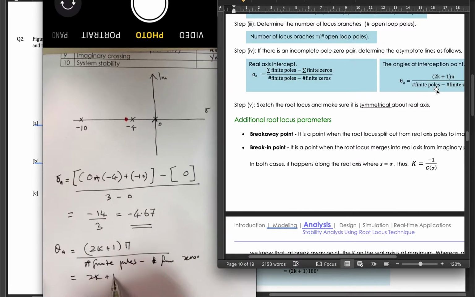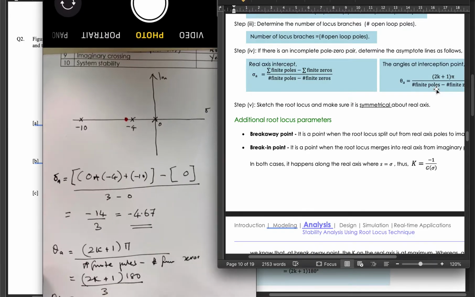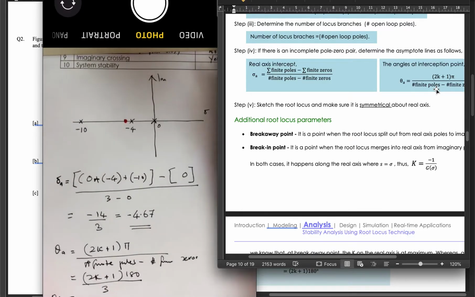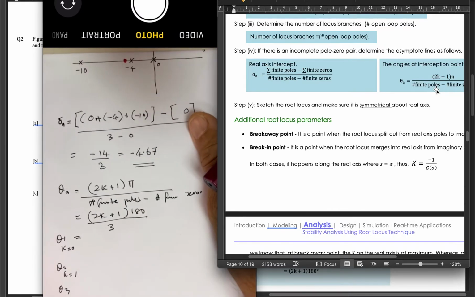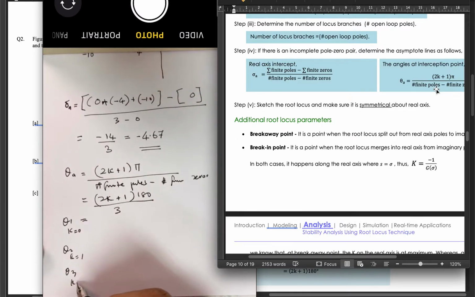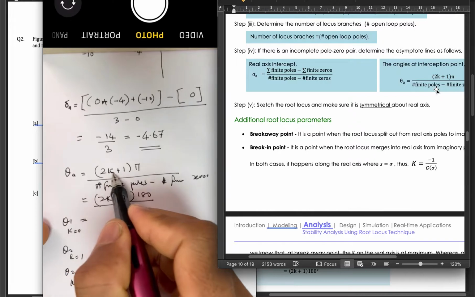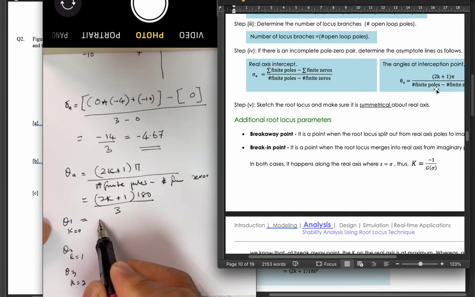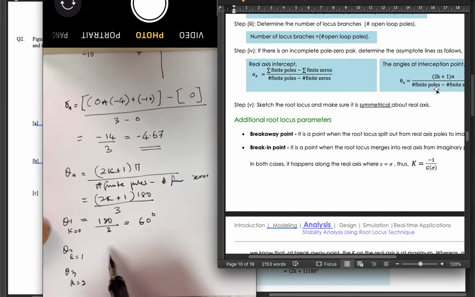So 2k plus 1, times 180, over 3. Because for theta 1 we start with k equal to 0, theta 2 is k equal to 1, theta 3 is k equal to 2. Theta 1, k equal to 0, means 180 over 3, so 60 degrees.